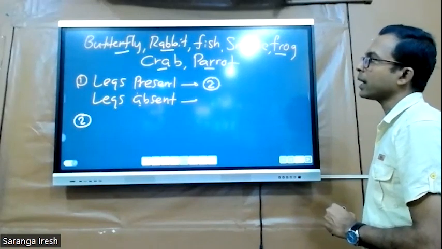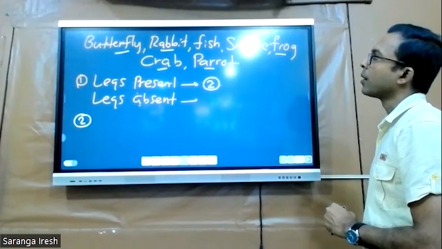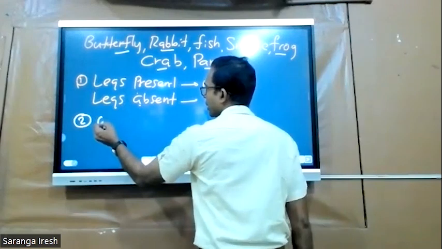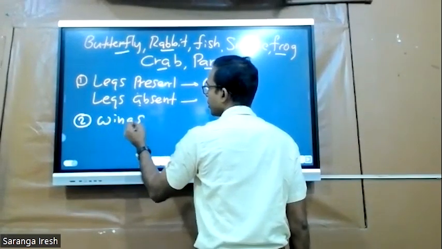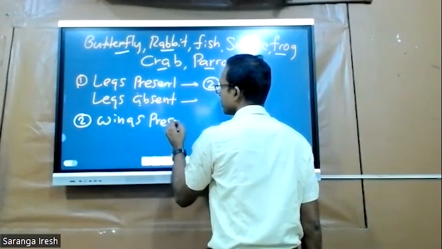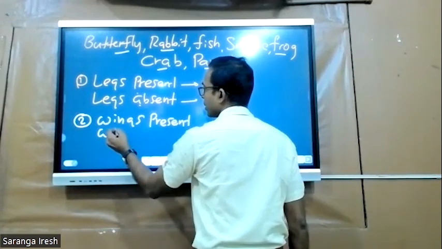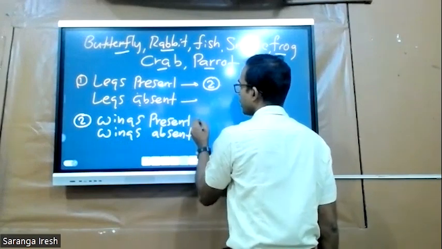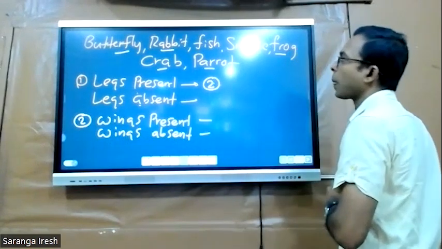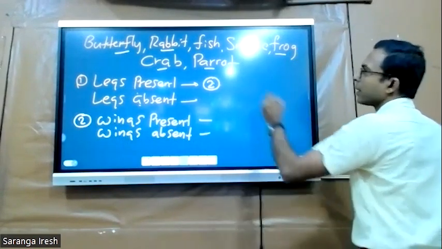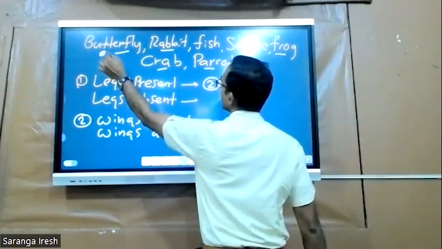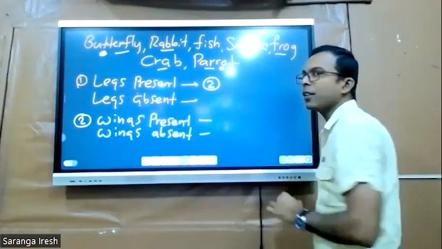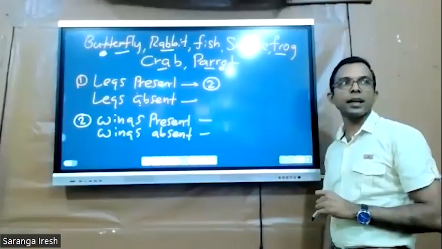So what is the next one I can use to classify them? Wings. Wings present, wings absent. Wings present, how many of them? Wings present in butterfly and parrot. 2 organisms I have.